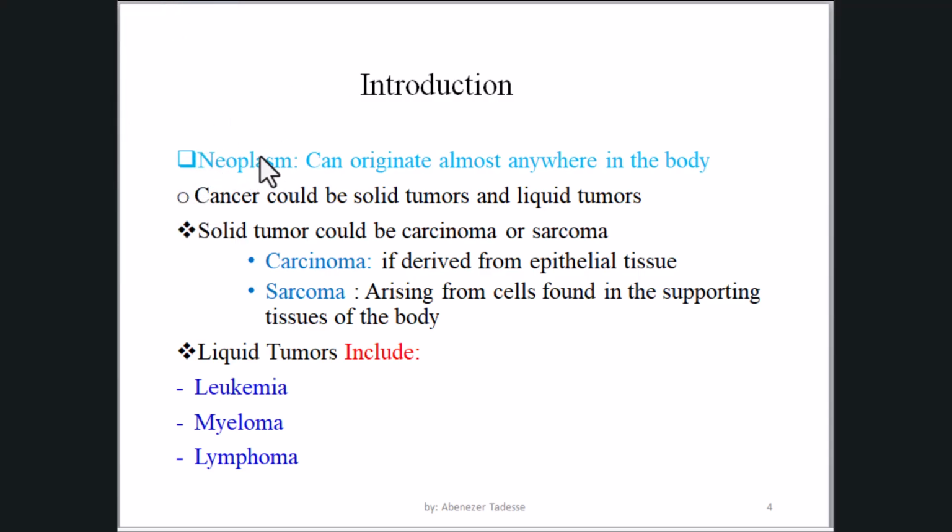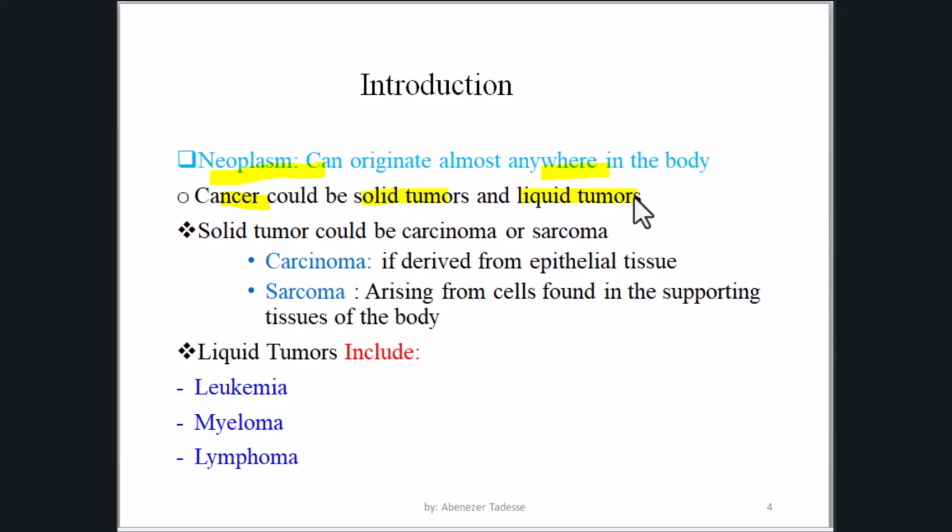Okay, a neoplasm means a tumor or cancer that can originate anywhere in the body. It can develop somewhere in the body and disseminate to other nearby tissues, resulting in the development of secondary cancer. So we can classify cancer into two classes: solid tumor and liquid tumor.